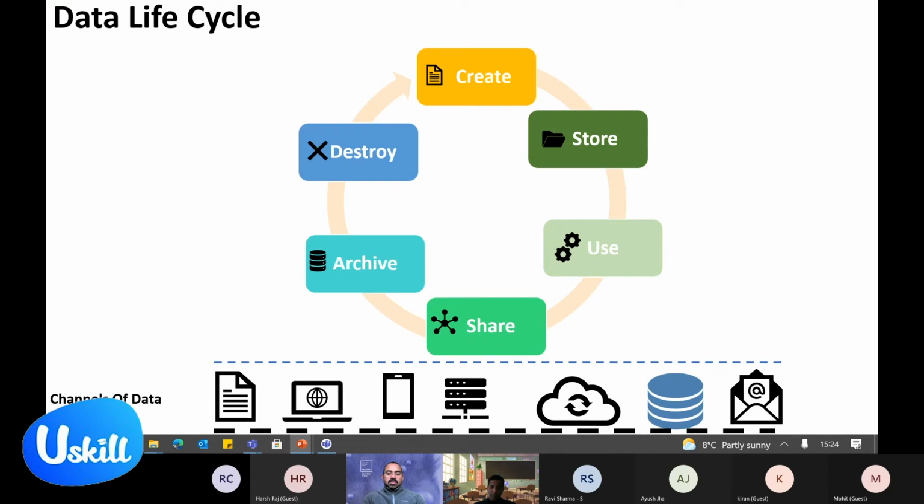So the fifth phase of data is that every data should be archived after a certain period of time. Any auditor or security person should know that archiving is not an individual's choice. It all depends on the data owner, what he actually wants to do with that data, whether he wants to directly delete it or archive it somewhere.